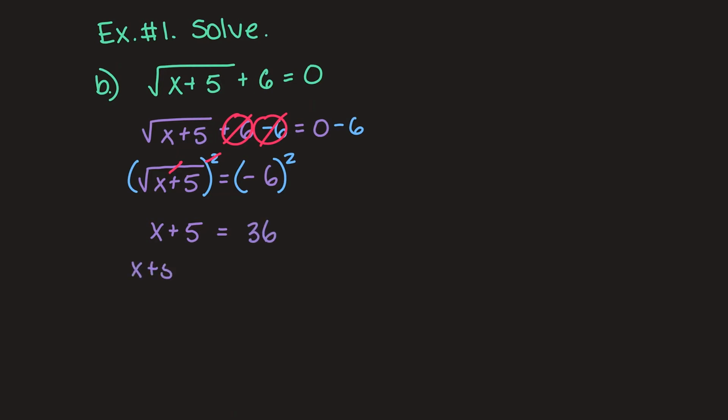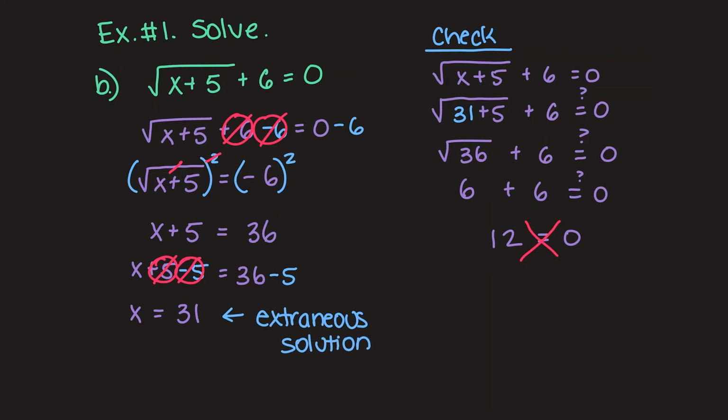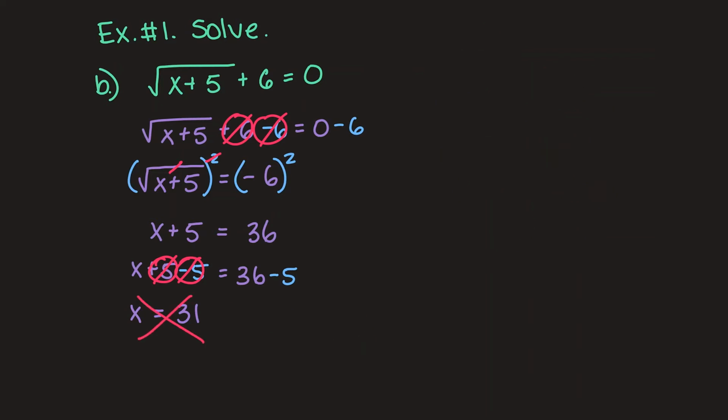And now we can solve the equation for x. We get x equals 31. Again, we need to check this proposed solution in the original equation. However, checking this value gives us a false statement, meaning that this is an extraneous solution. We then say that the equation has no real solutions.